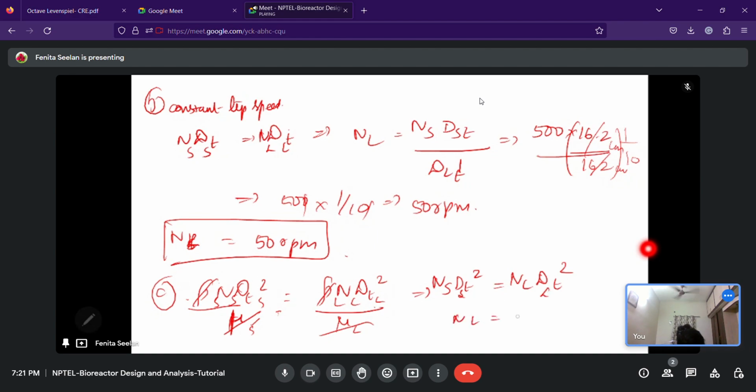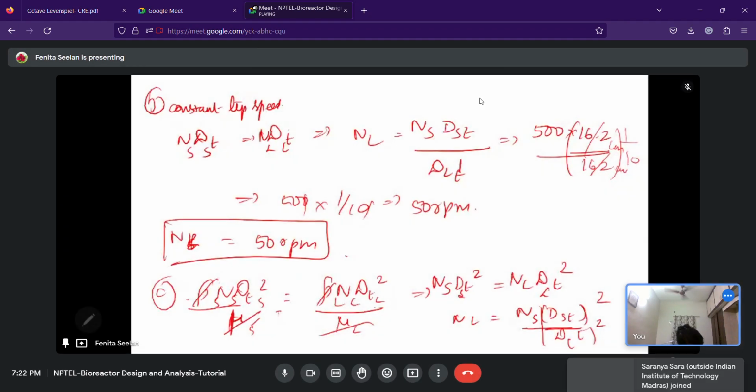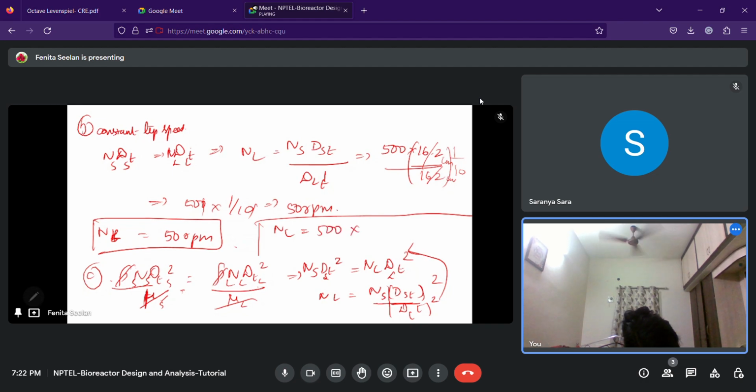So NL is equal to your Ns, which is 500, into dts over dtL, which is 1 by 10, the whole square. If you do this, the answer would be 5 rpm.